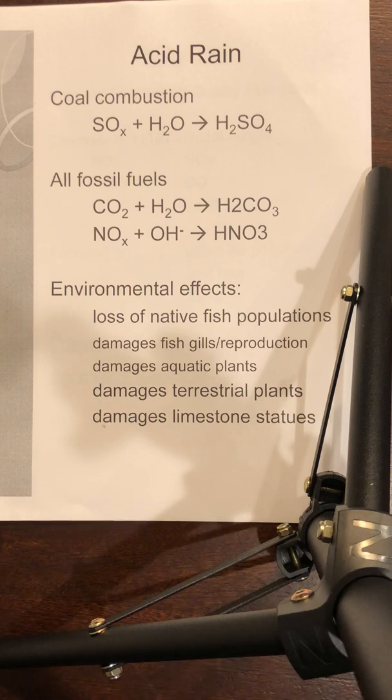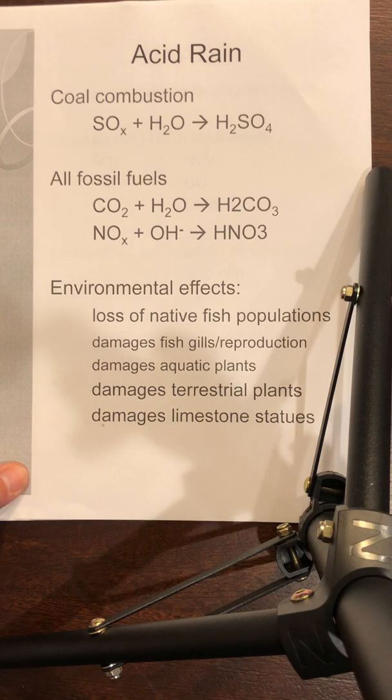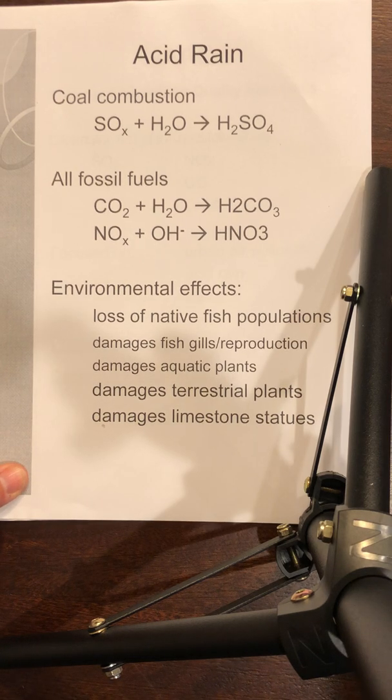In addition, it damages limestone statues and buildings. This is a concern just for the integrity of buildings, but it's really of grave concern in places like Italy and Greece that are seeing statues that were part of great antiquities that have been there for hundreds of years displayed out in the open, now being damaged by acid rain.